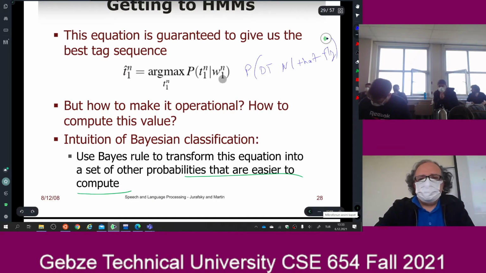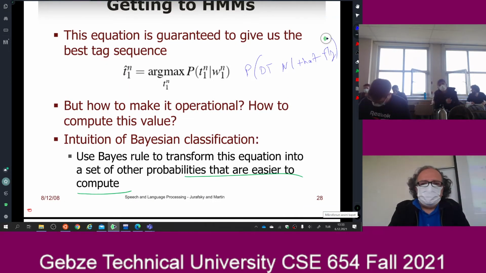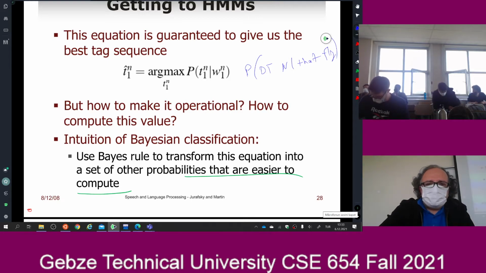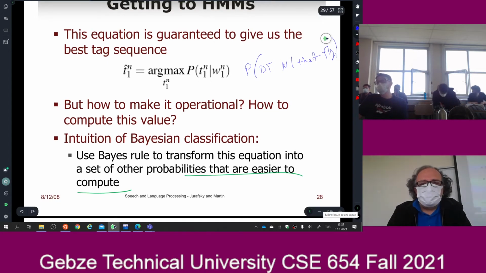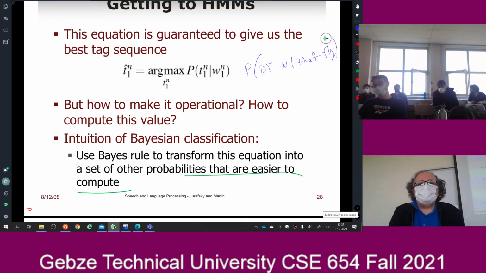Given these words in a sentence, or not necessarily in a sentence, but given the words numbered from 1 to n, we'd like to assign these tags for each word, and we'd like to build a statistical model that will measure the probability of assigning these tags to the words, and we'd like to keep this maximal. And as always, doing this directly is not that easy.